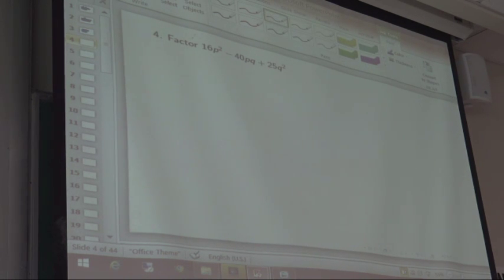Now for this, we use the following. x minus y squared is x squared minus 2xy plus y squared. You may not see this here, but if we change the 16p squared, we can make this 4p squared. And 25q squared is 5q squared. So we see an x squared and a y squared term like this.